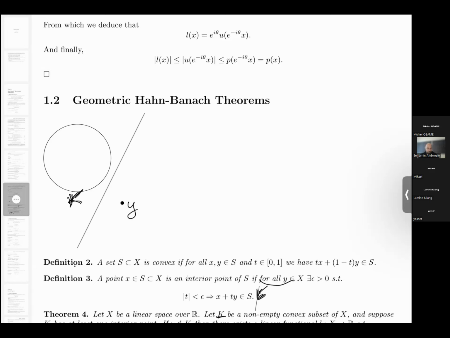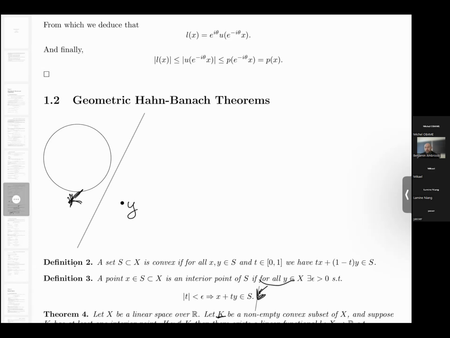Next, in general, you define an interior point by means of a ball and with a distance in a metric space. But right now, we don't have a metric space. We just have a linear space.